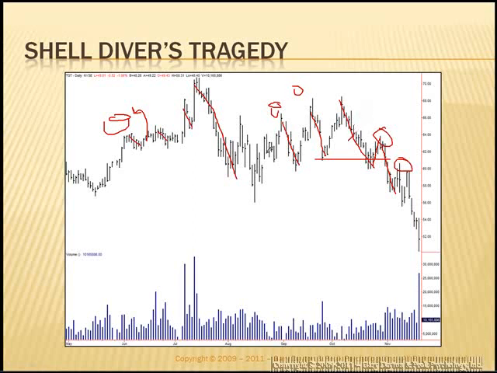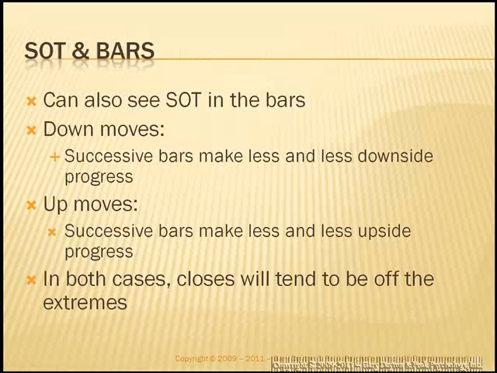The whole idea is seeing changes of behavior when the wave structure changes. That lets us know that there is a change of trend coming. All right. That's the opposite of shortening of the thrust. Now it's lengthening of opposite waves.